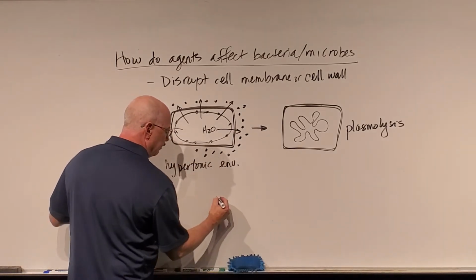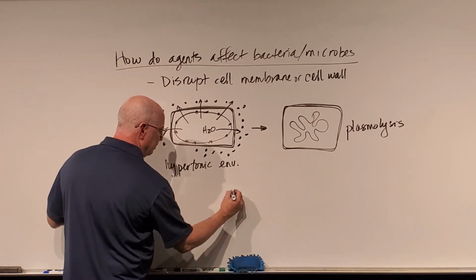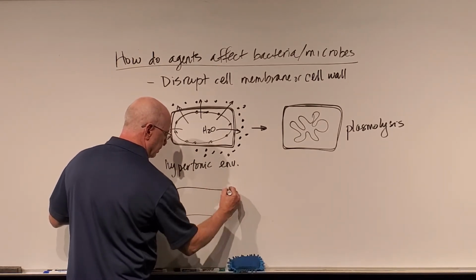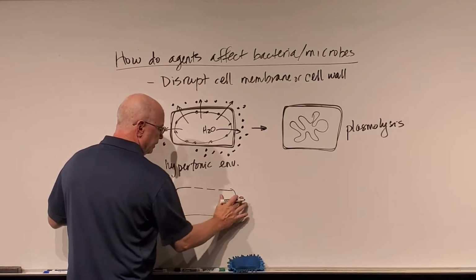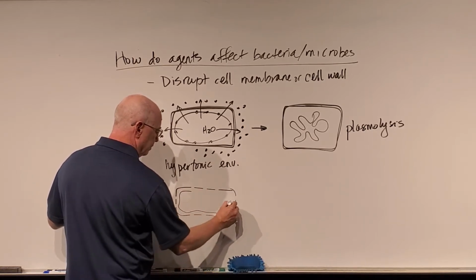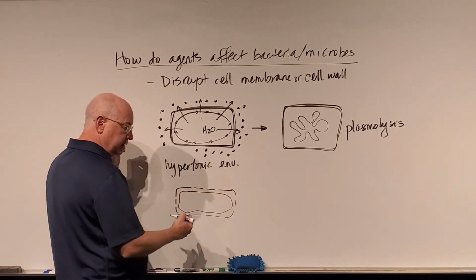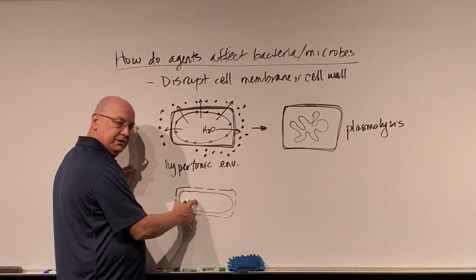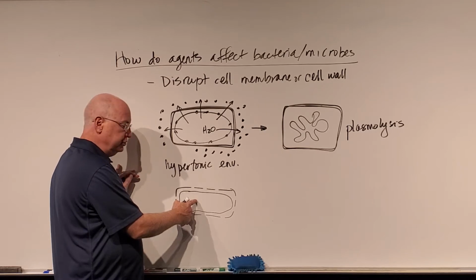But one thing that can happen sometimes is we can have things that damage the cell wall. And so if I disrupt either the cell wall and or the cell membrane, then I can affect bacteria. It turns out that bacteria sometimes are hypertonic to a lot of solutions.